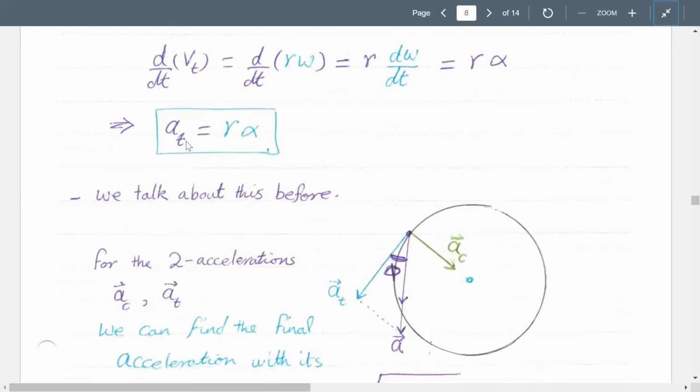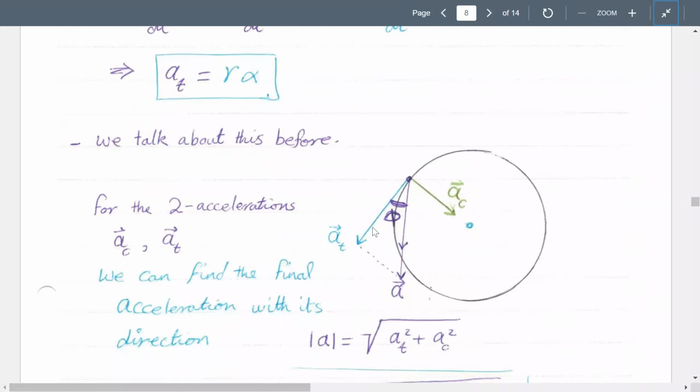We have tangential acceleration, which is R alpha. This one is in the tangential direction. So in any rotational motion, sometimes the tangential acceleration is equal to 0. If the rotational velocity is constant, then the tangential acceleration is 0.